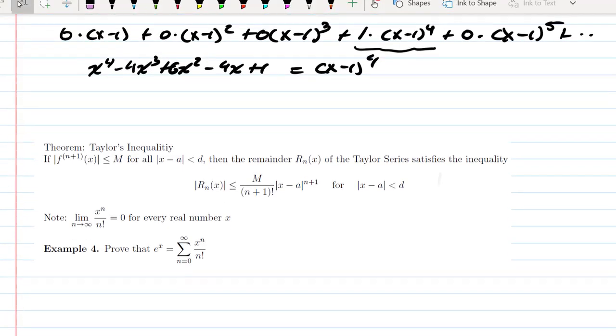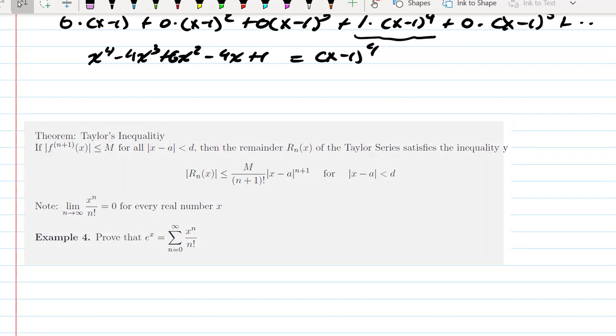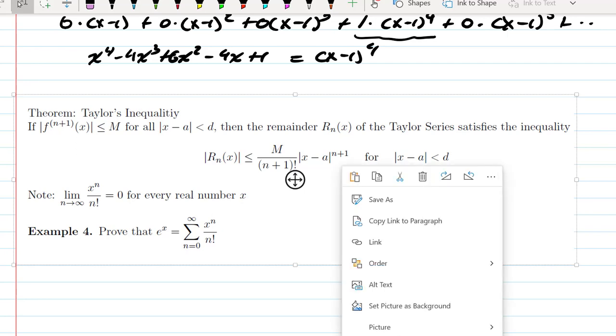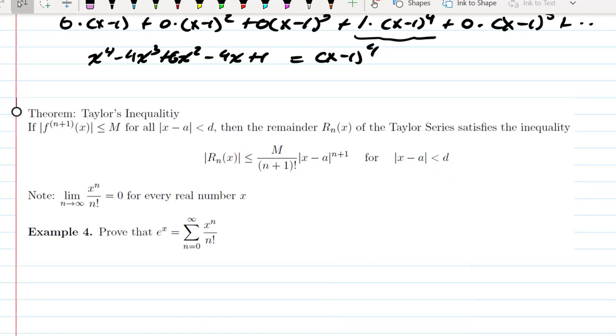So Taylor's inequality says that if the absolute value of the n plus 1 derivative is bounded by m for all x in some interval centered at a with radius d, then the remainder of the Taylor series satisfies that it is less than m over n plus 1 factorial times the absolute value of x minus a to the n plus 1 for all x in that interval.